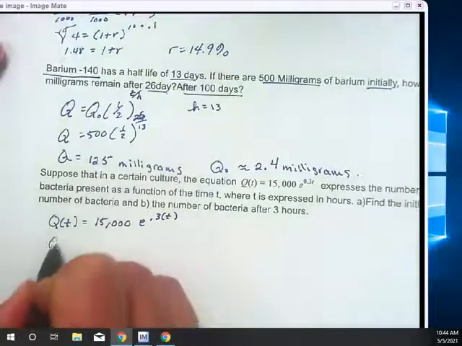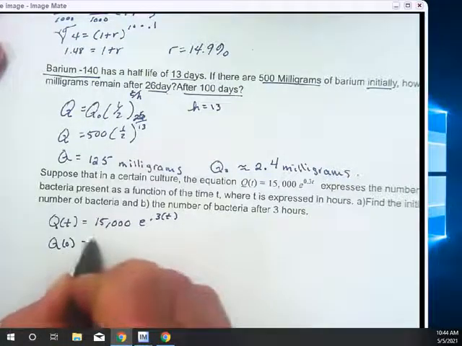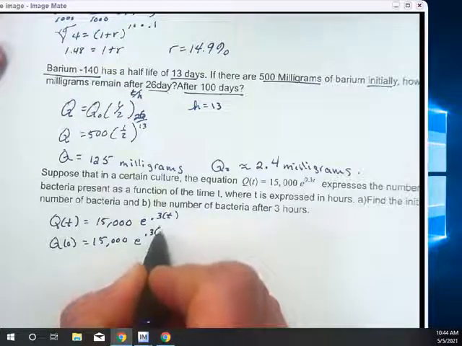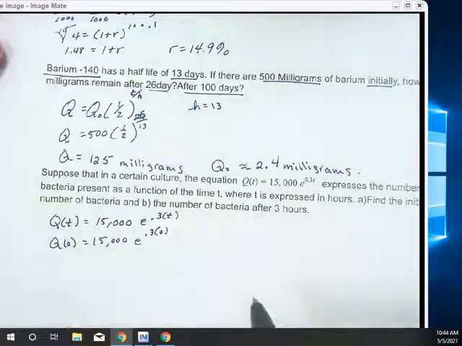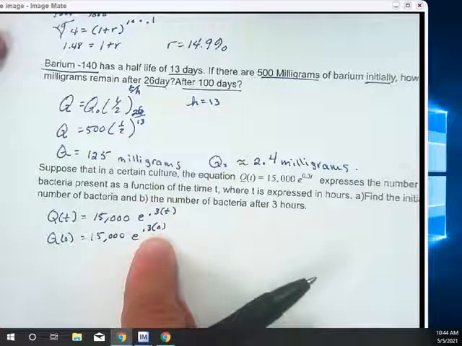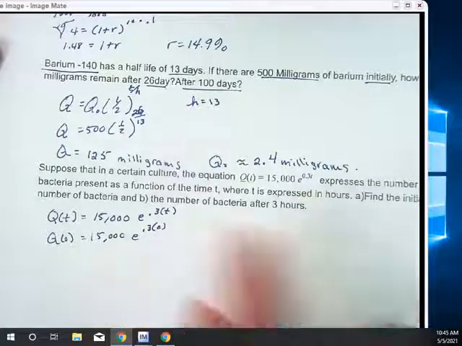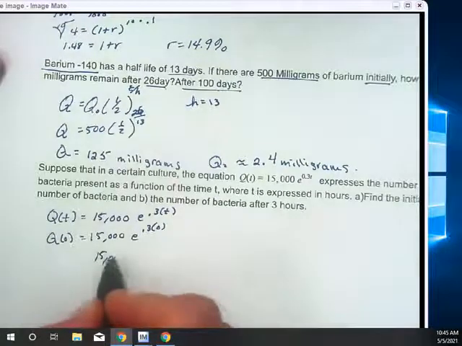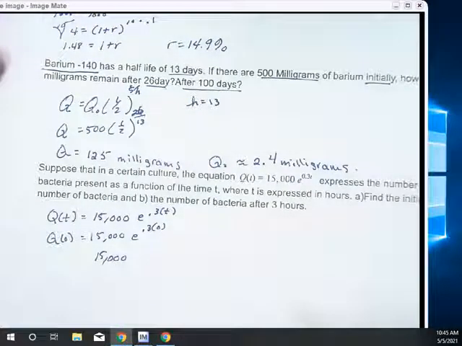If I substitute the zero in for the T, and hopefully all of you have already realized that this is an exponential growth problem. So when I substitute the time zero, what number do I have left? What is in the initial position? 15,000.